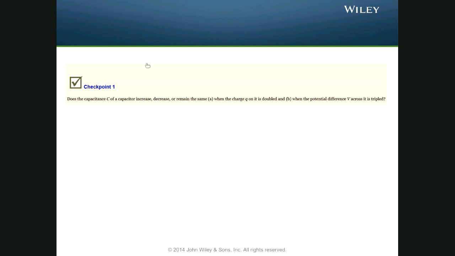So if you'll recall, Q equals CV, which implies that C equals Q over V, right?